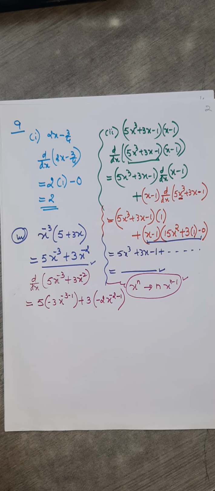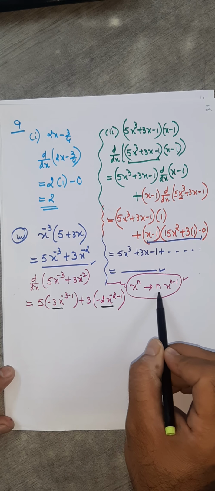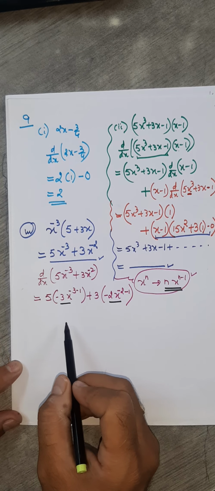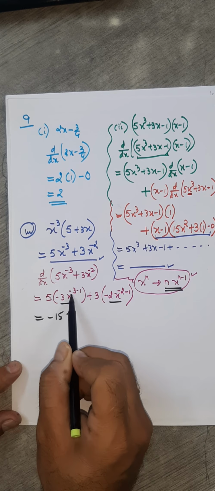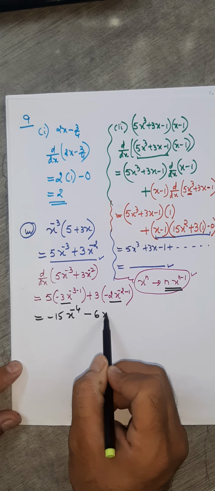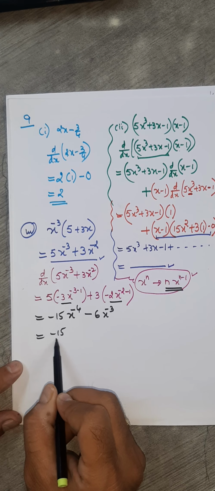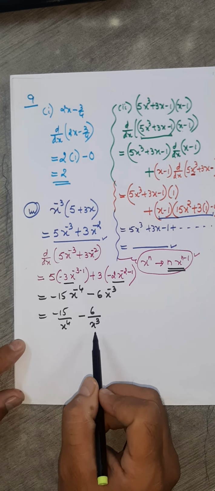So let's simplify this. If I simplify, I hope this is clear to you. At both the places I have used this formula. Power will come in product and one less power. So this is minus 15 into x raised to minus 4, and this is minus 6 into x raised to minus 3. So you have minus 15 by x raised to 4 minus 6 by x cube.